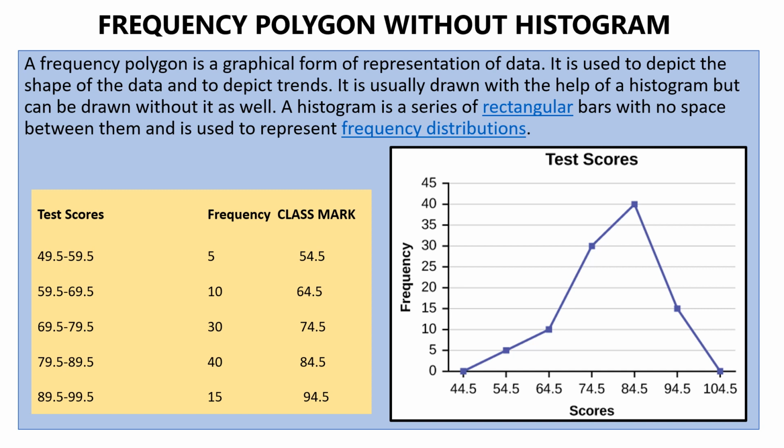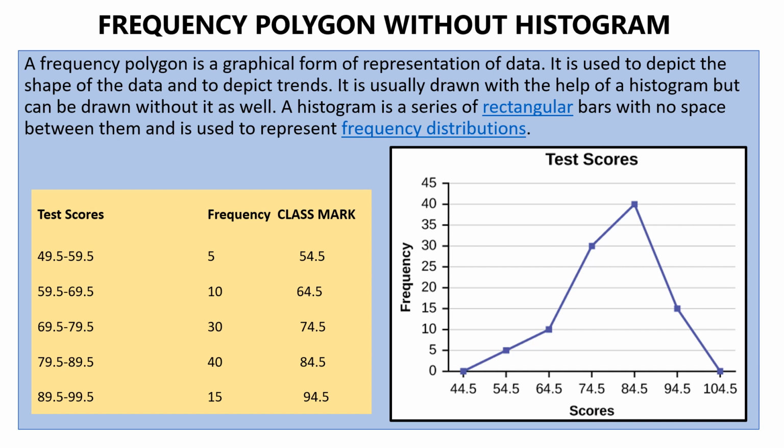Now see, in the question you can see that test scores, frequency and class mark have been calculated. How has the class mark been calculated? We add the upper limit plus lower limit and divide by 2, then we get the class mark.